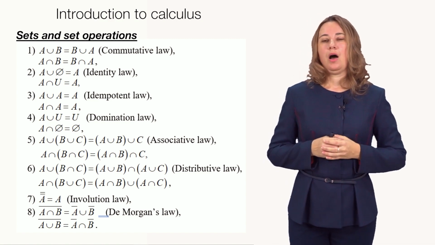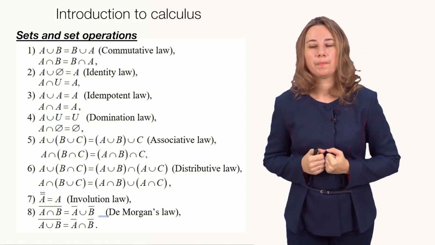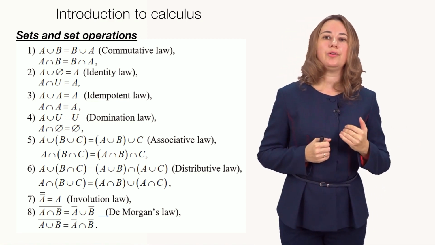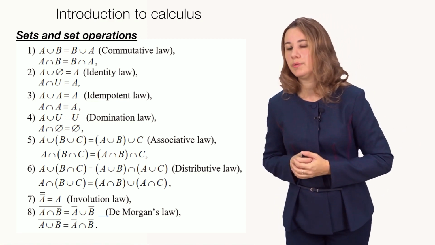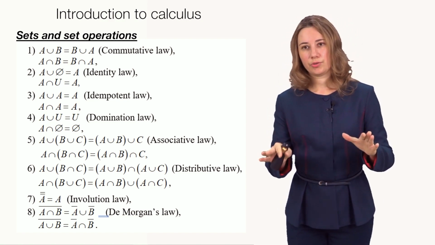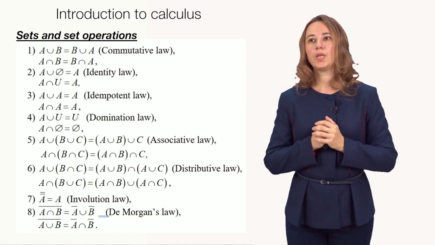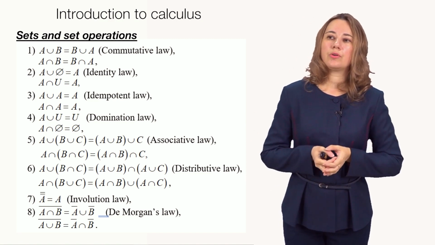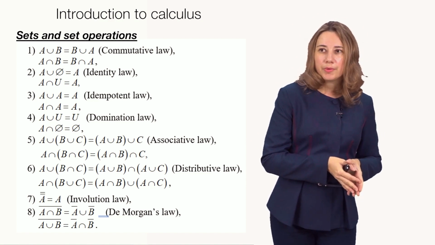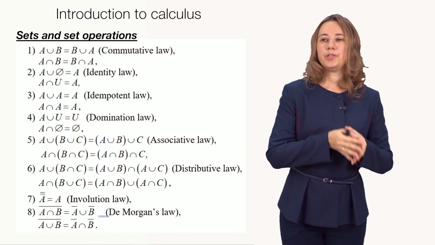Well, for example, A union B union C is A union B union C. Or A union B intersection C is equal to A union B intersection A union C. Or, for example, not A intersection B is equal to not A union not B. We can draw the parallel between the union operation and the intersection operation and operations on numbers.